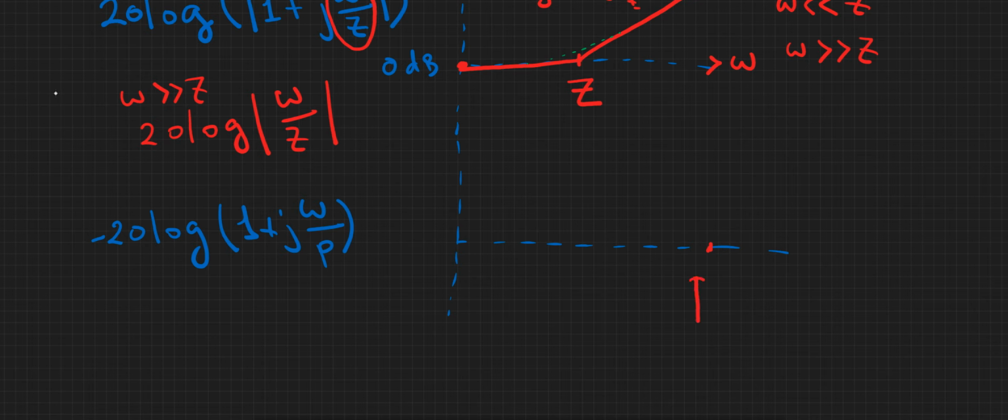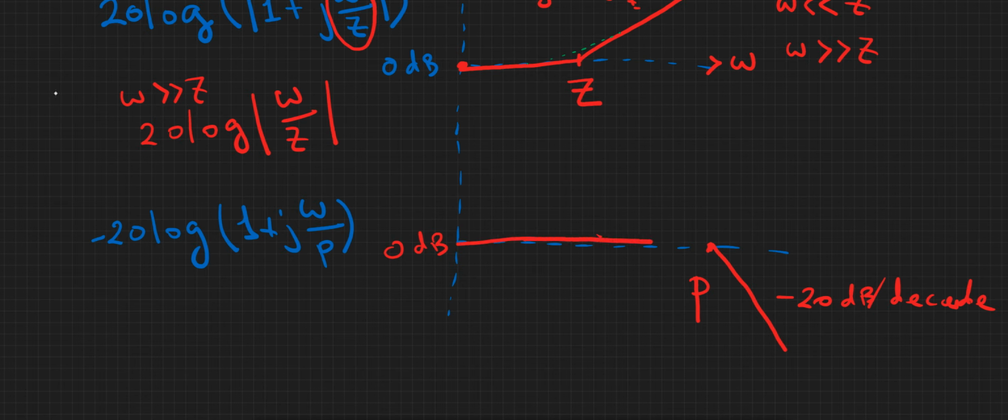Before the pole it's still at 0. When omega is much less than p it is at 0, and when omega is greater than p, you're going to be going down by 20 dB per decade. So it looks something like this.